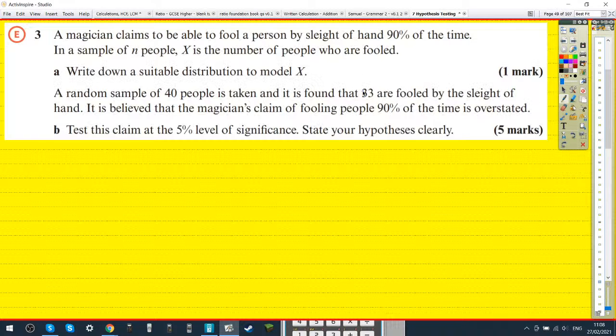Right. Let me see this one. Right. Let's try this. Okay. So would it be x is binomially distributed?